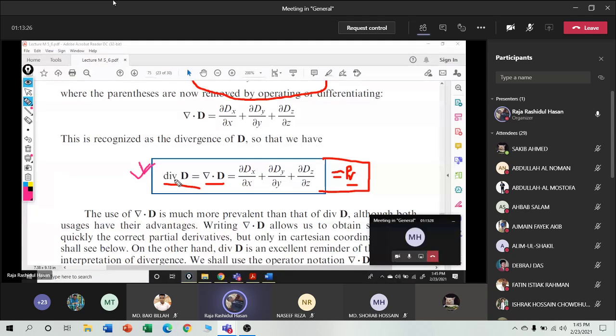So please write down this equation again and make a box. Divergence of D equal to operator dot D equal to del by del x Dx plus del by del y Dy plus del by del z Dz equal to rho v. Please write down.